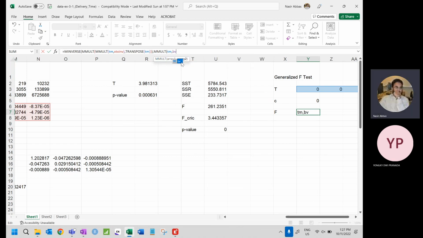BV? Yeah, BV minus CV, and I multiply these two outside.